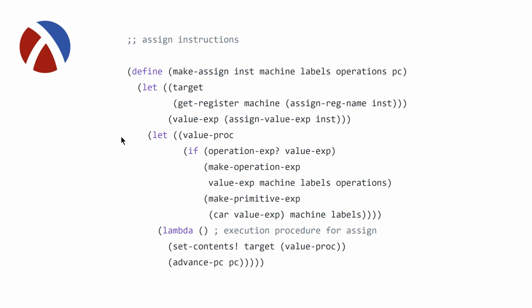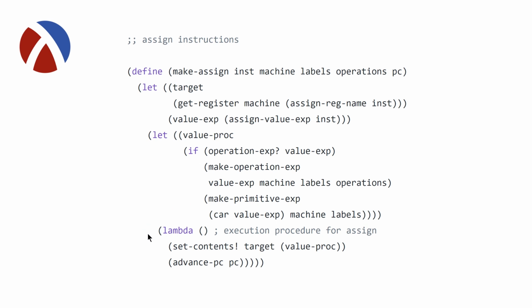Then we have an inner let expression that is basically saying, for the value expression, is it an operation or is it a primitive? If it's an operation, well, then we need to go and perform that operation. Similar to the GCD example, when we have to perform the remainder, in that case we'd be going down the consequent of this if expression. Otherwise, we can just take the value and assign it directly to that register.